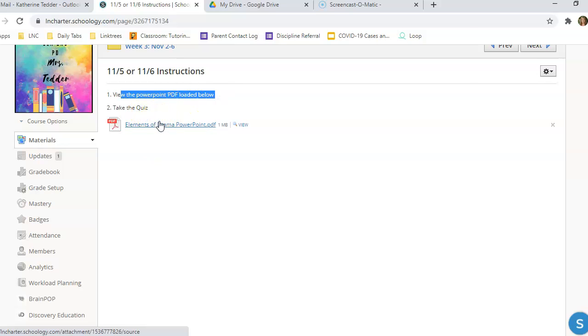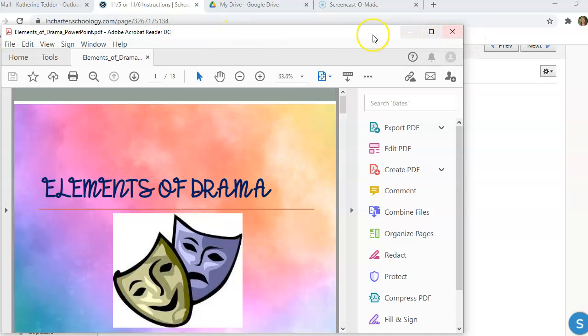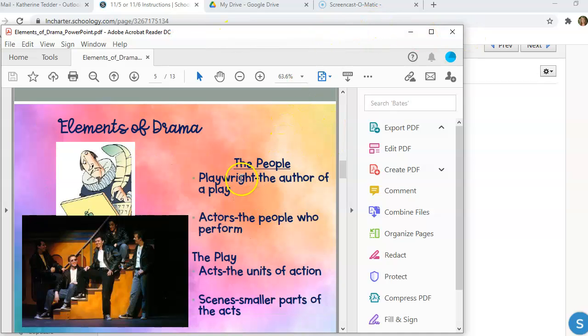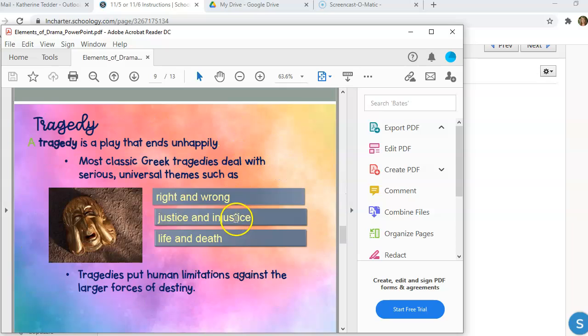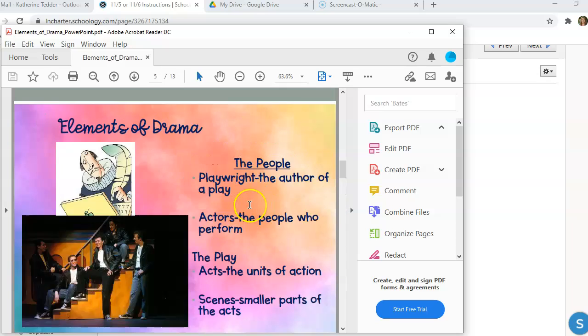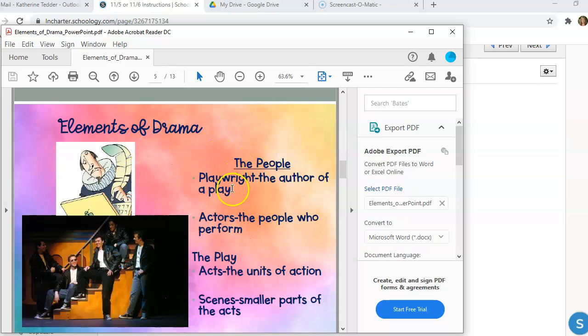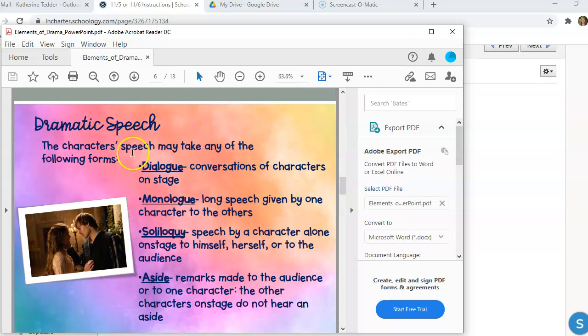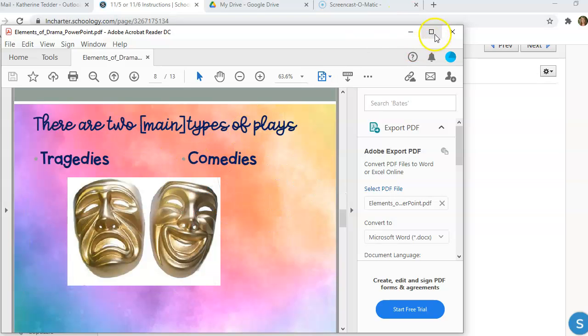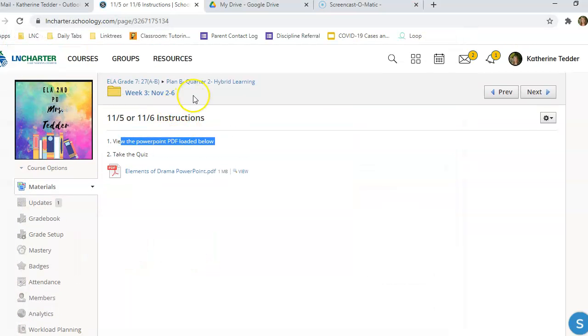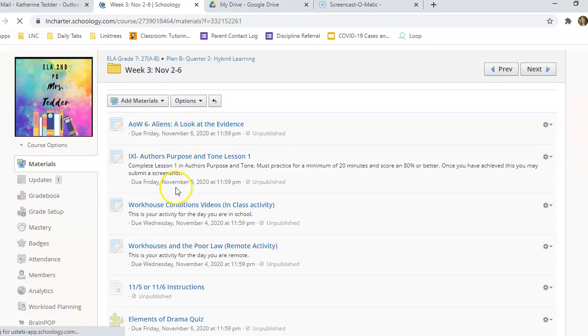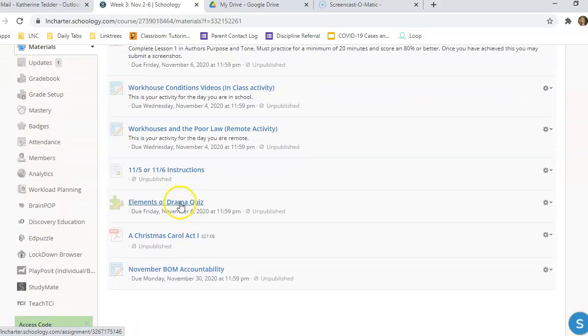When you open it up, you're going to take the quiz that's loaded in there. You're going to view this PowerPoint. It's going to go over the elements of a drama with you. Specifically, we're focusing on things like the elements of the drama and dramatic speech, stage directions, and things.